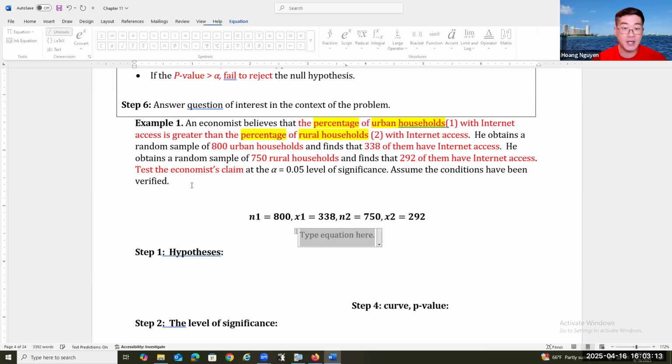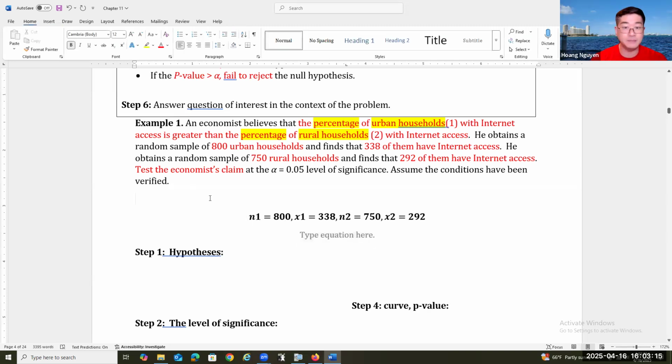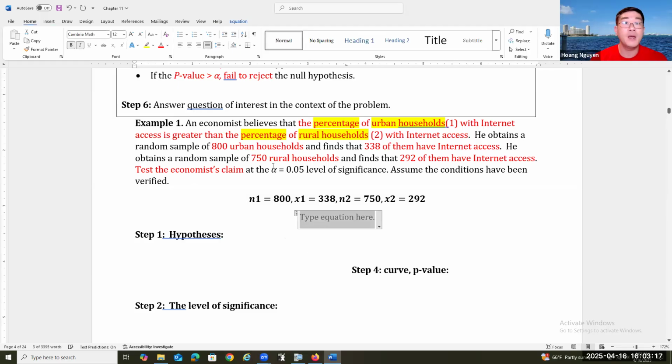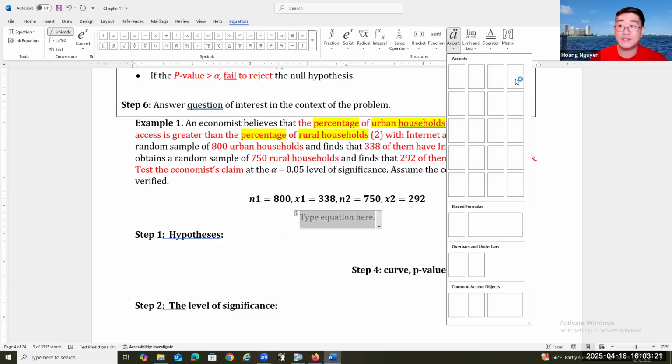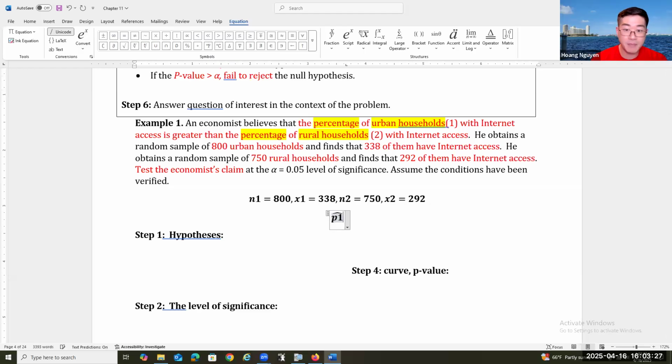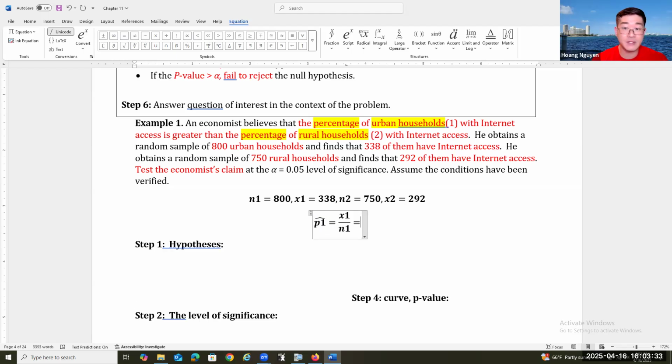Now based on these values, I can calculate the first sample proportion, p1 hat. So p1 hat equals x1 over n1, which is 338 divided by 800.